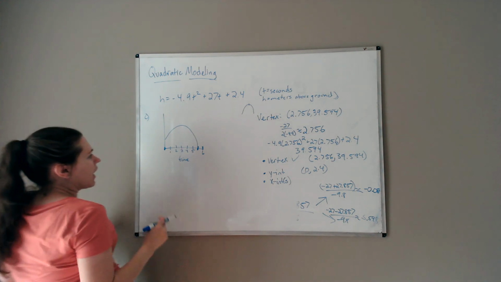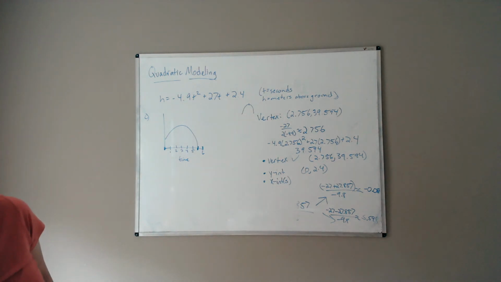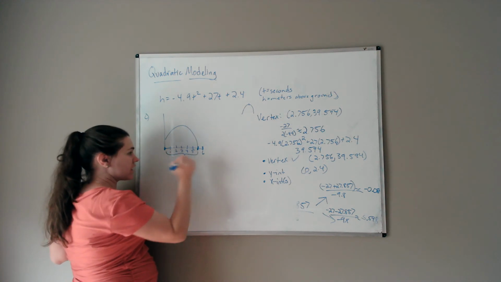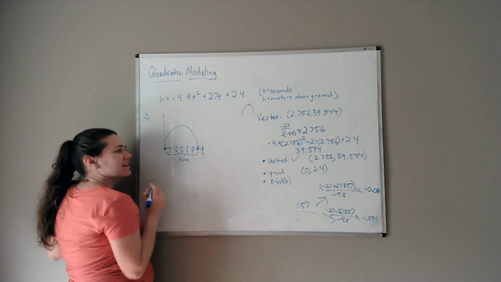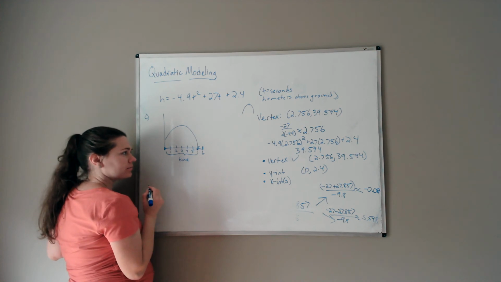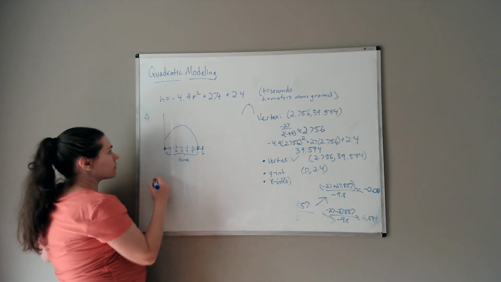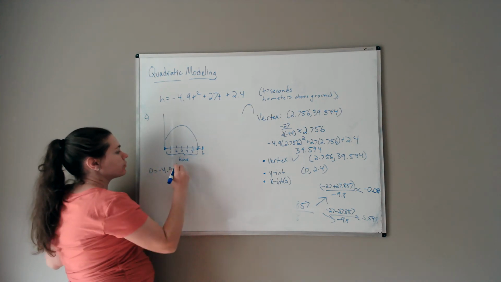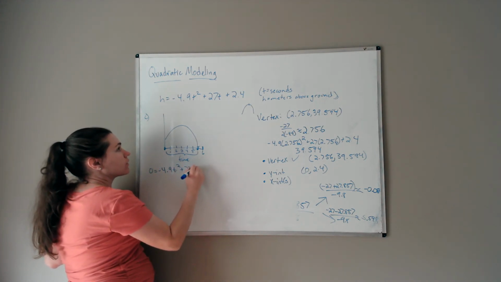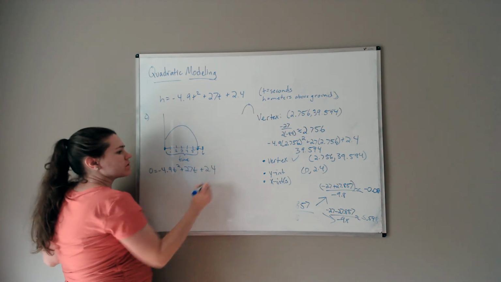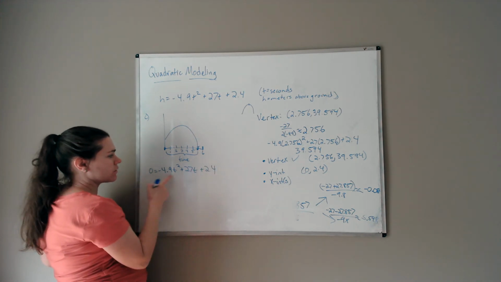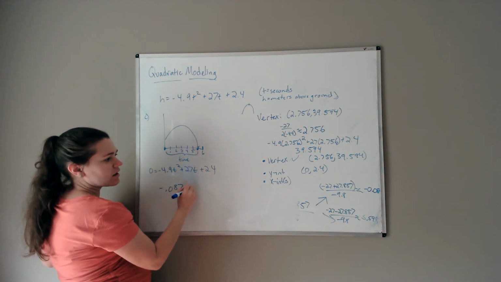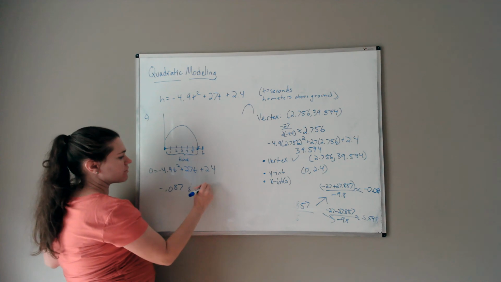So we have to count from 0 seconds until we hit the ground. Whatever this x-intercept is, that's going to be our answer here. We already solved this before, and we got negative 0.087 and 5.598.